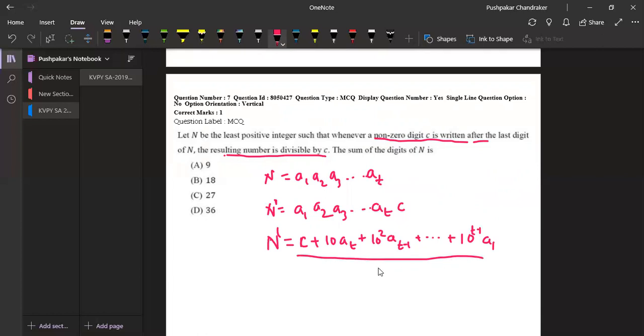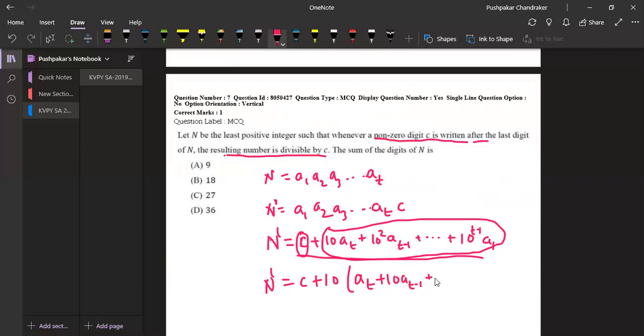If I divide by c, this number is divisible by c. Now you can notice this c is already here, which is divisible by c. It means the remaining total should also be divisible by c. Now I can take 10 common here, and you get the last digit plus 10 times the next digit, and so on. But this number is nothing but the original number n.